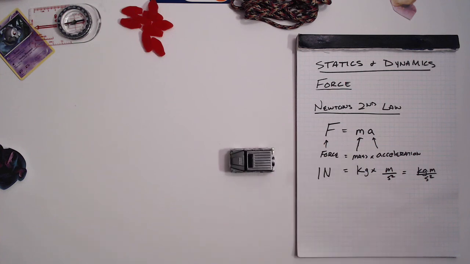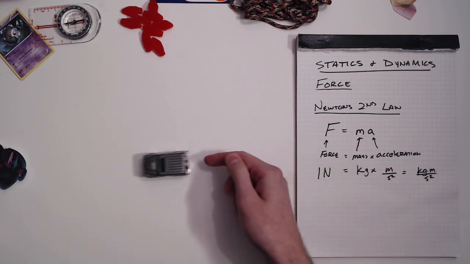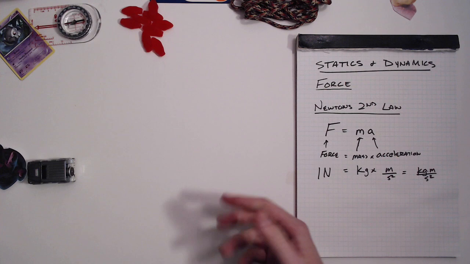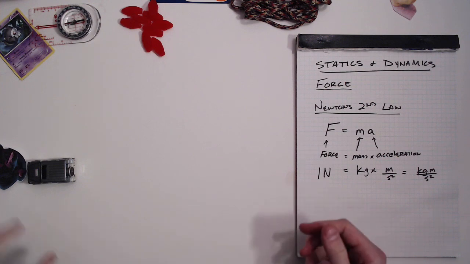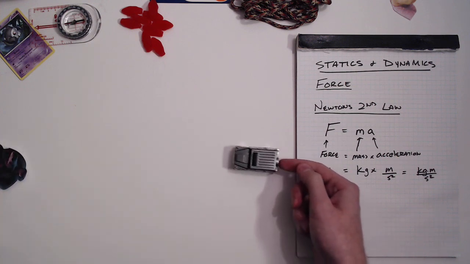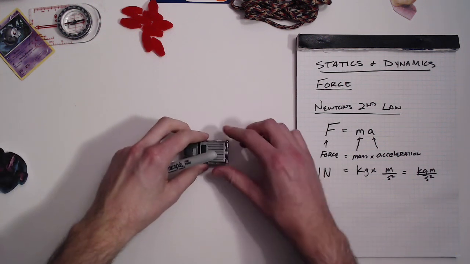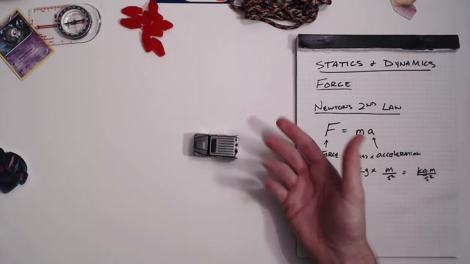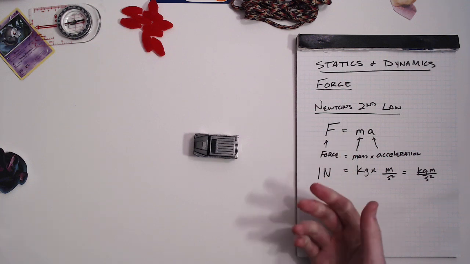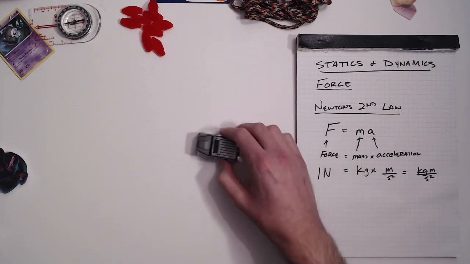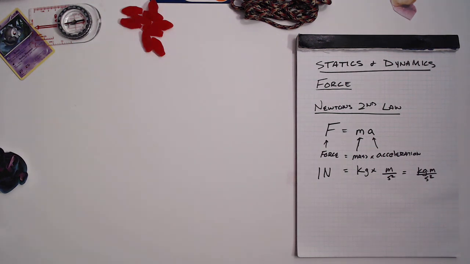When I stop pushing or pulling on it, the car will go off at a constant velocity. It won't accelerate anymore. Okay? So we know that if we can push or pull with a large acceleration, we can exert a rather large force. So we need to figure out how much force the Flash can exert on Galactus.